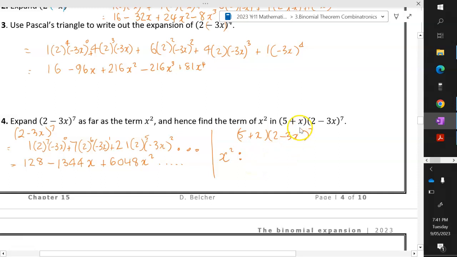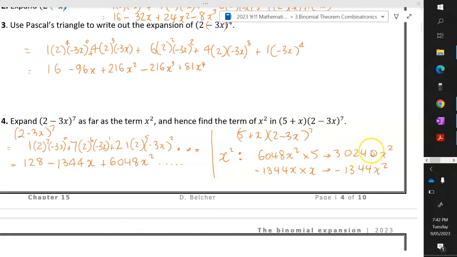We're going to get the x squared term that we already had down here, the 6,048x squared, and it's going to be times by 5 when we expand it out. And we're going to also get an x squared term, which comes from our x term when we multiply by the x. So we're going to have 1344x times by x, and that's going to give us these values. So I've multiplied these out, and I've got these 2 separate values.